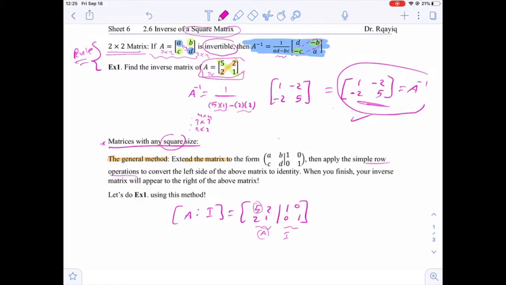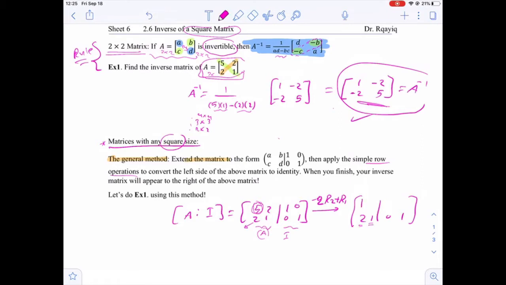Actually, we can multiply the second row by, for example, negative 2, and add that to the first row. What happens to the matrix? If you multiply the second row by negative 2, negative 2 times 2 is negative 4, and add it to the first row, negative 4 plus 5 is 1.